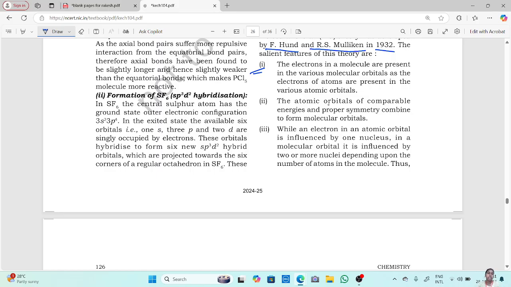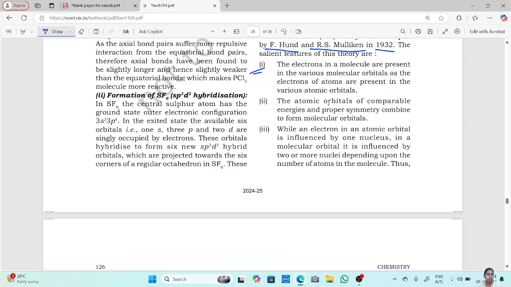Now, in our last video we have seen about hybridization, right? So we get hybrid orbitals. Most of the hybrid orbitals are molecular orbitals. So based on that, a molecular orbital theory was given. Now here, the electrons in a molecule are present in various molecular orbitals, as the electrons of atoms are present in various atomic orbitals.